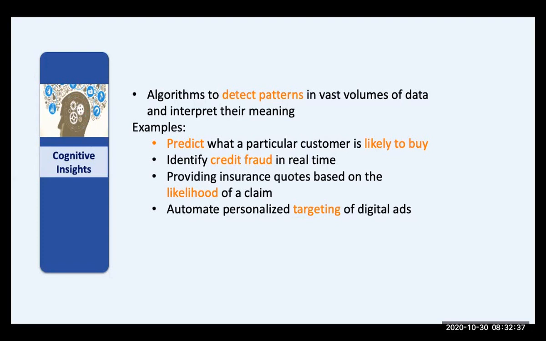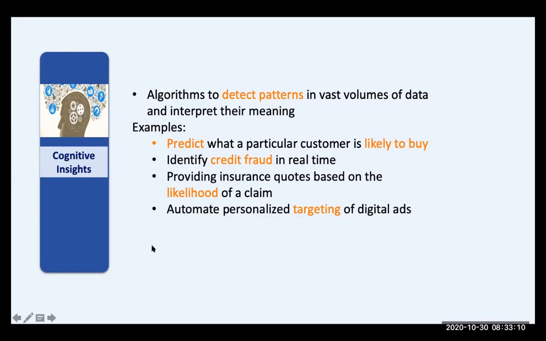Similarly, identifying credit fraud, and personalized targeting of digital ads, such as sending promotions to targeted customers so that we can help retain them in our company, so that they don't churn and leave our organization. Those kinds of things come under cognitive insights.